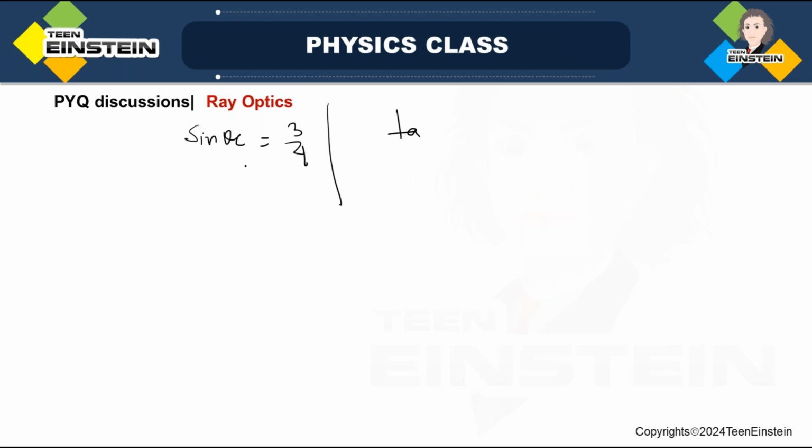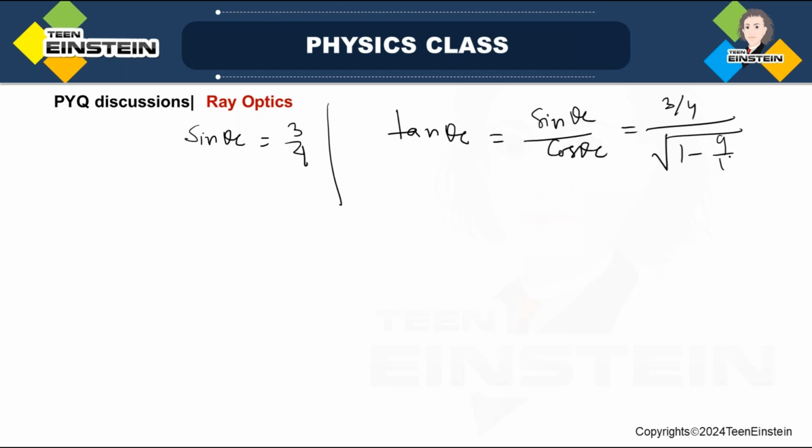Since I know the sine, I can write tan theta c is equal to sine over cos theta c. Sine theta c is 3 by 4, and cos is the square root of 1 minus sine square theta, that means 9 by 16. So this will give 3 by 4 over root 7 by 4. The 4 cancels each other. This is 3 by root 7.